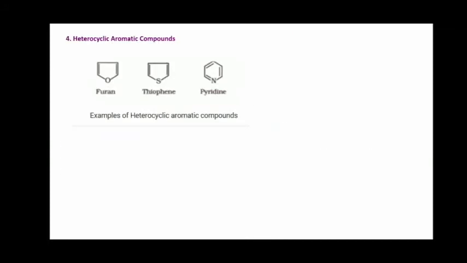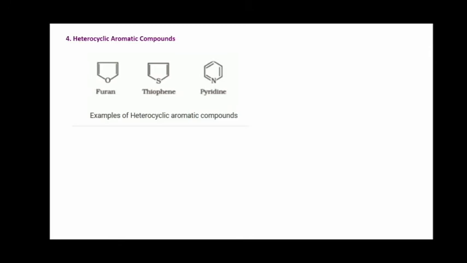Then heterocyclic aromatic compounds, in which your carbon atom has been replaced with heteroatoms. Examples are furan, thiophene, and pyridine. In furan, you are going to see the presence of oxygen and two double bonds. Then thiophene, in place of oxygen you are going to see the presence of sulfur, thio and phene.